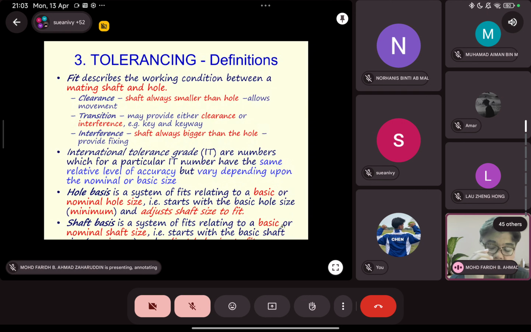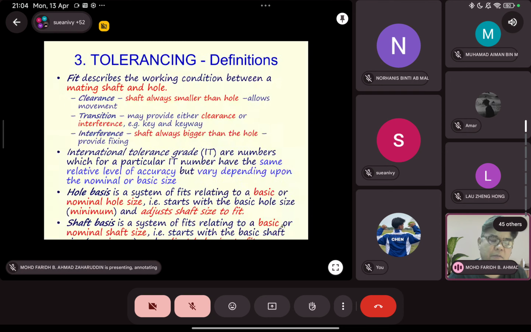If you look at the clearance, how do you know it's a clearance fit? After the previous slide talked about tolerance, upper, lower, deviation, how do we know clearance? Simple.